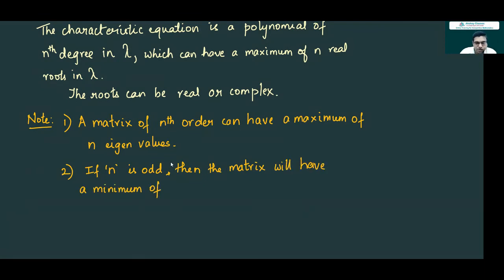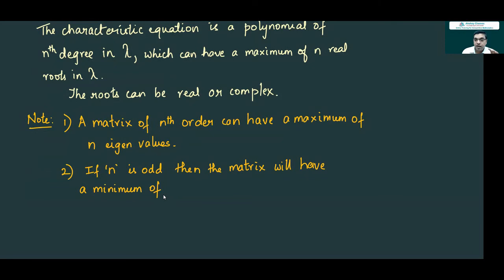Complex roots occur in conjugate pairs. So if complex roots exist, they will be even in number.